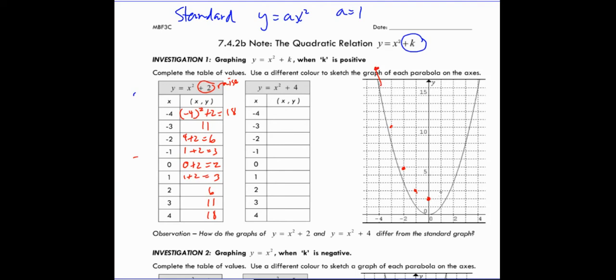Okay, here we're going over and up. So over 1, up to 3, over to 2, up to 6, over to 3, up to 11, and over to 4, up to 18.